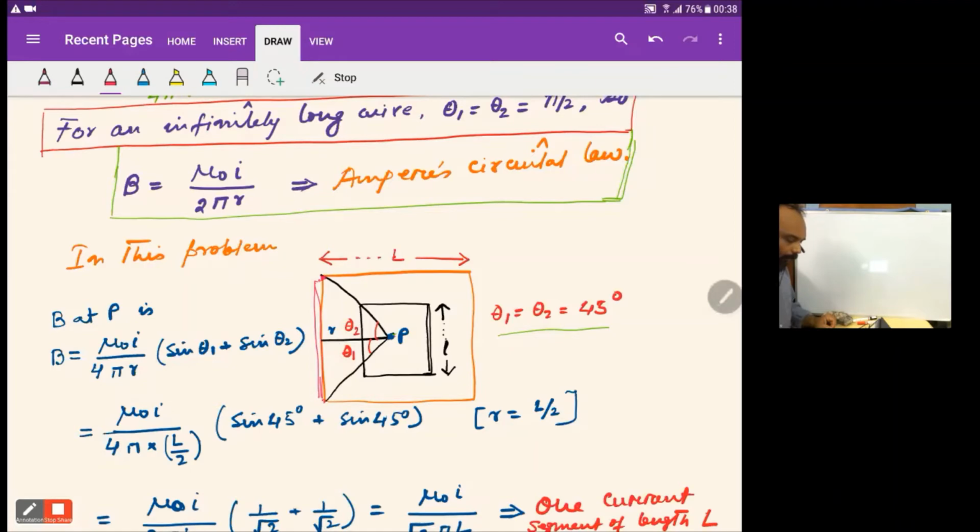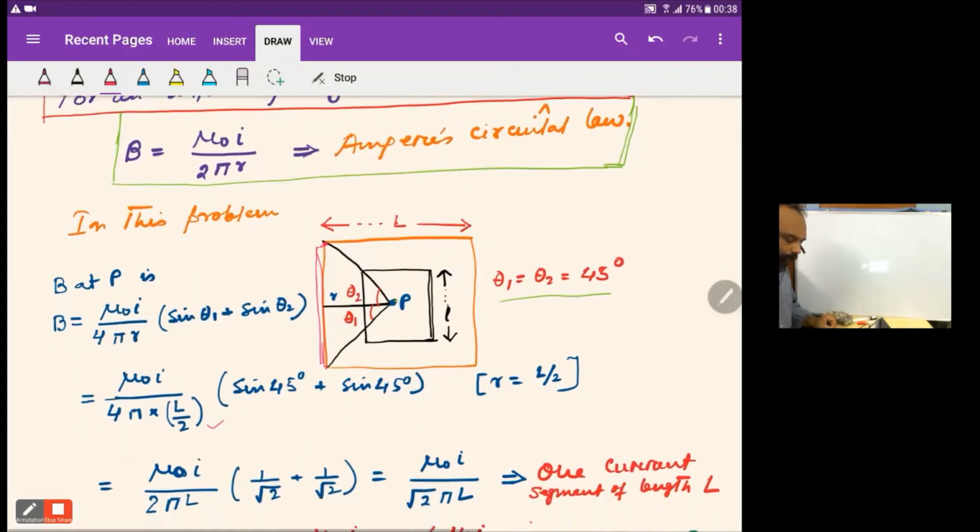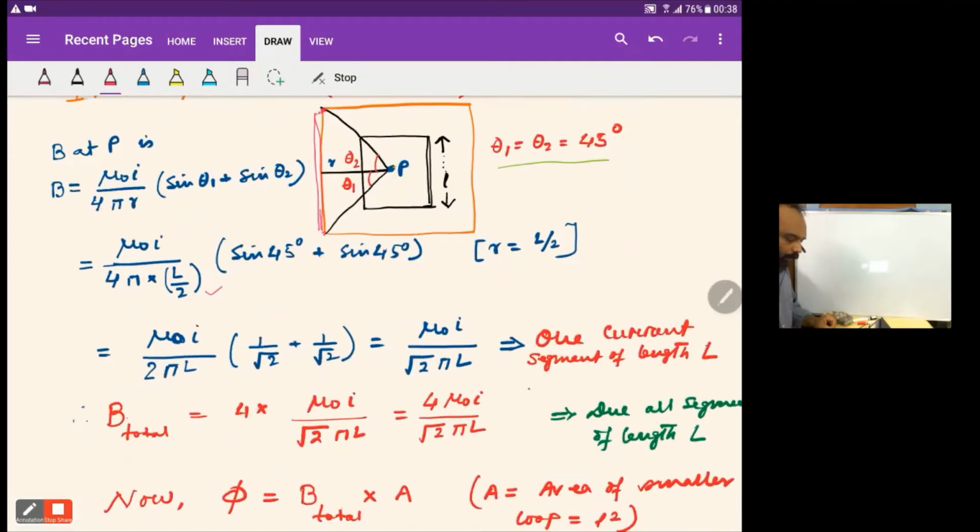So therefore we have B equal to mu 0 I by 4 pi times L by 2 times sine 45 degrees plus sine 45 degrees. That gives us mu 0 I by 2 pi L times 1 by root 2 plus 1 by root 2.